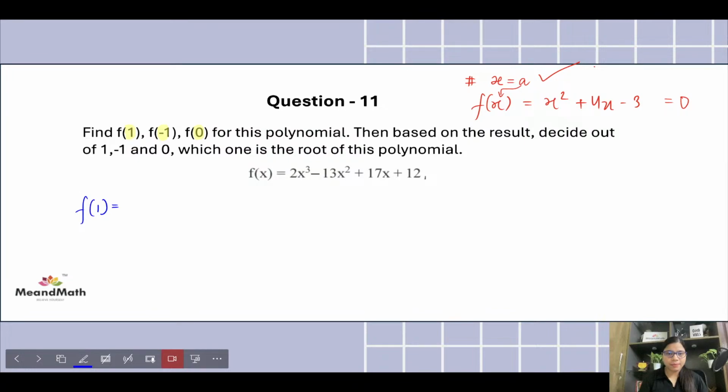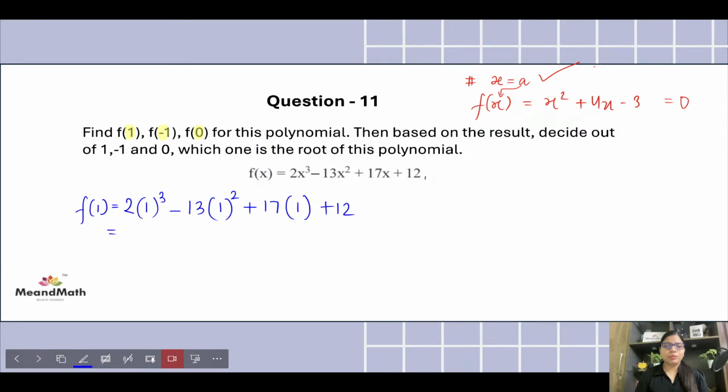So f(1). As I said, x is going to be replaced by 1. So it is 2 times 1 cubed, take away 13 times 1 squared, plus 17 times 1, plus 12. We're going to be doing it like this. Now, the next step is just sorting it out, simplifying.